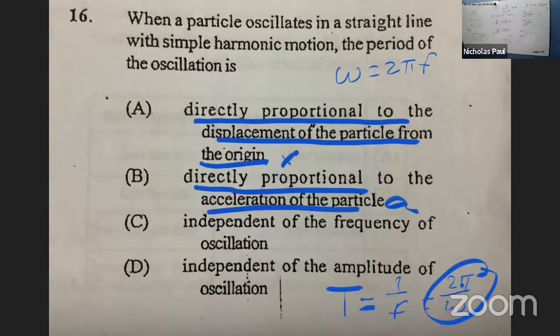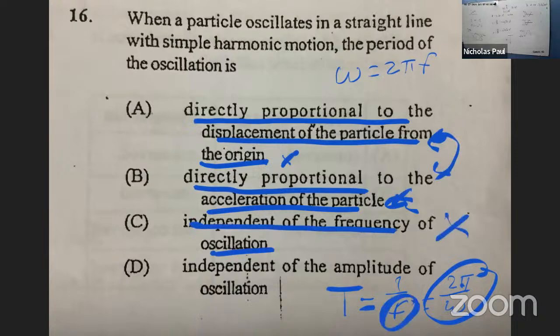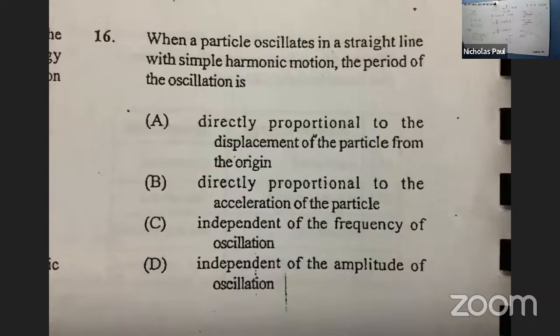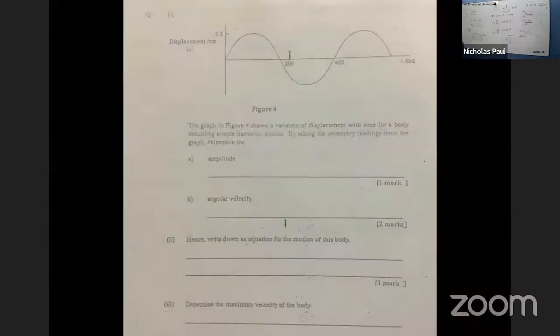Independent of frequency, definitely not, because it is dependent on frequency. The period is independent of amplitude. There is no amplitude in this relationship. All right, so that's just a quick refresher on some of the things.